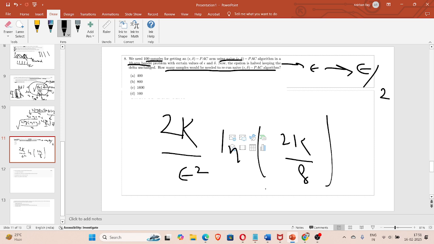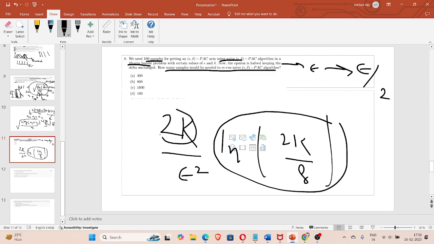Delta is also fixed, so only epsilon varies. This quantity was previously 100. Now epsilon becomes half, epsilon by 2, and the square of that is epsilon square by 4, so 4 comes up. This is 4 times the previous value, so 400 is the new value.